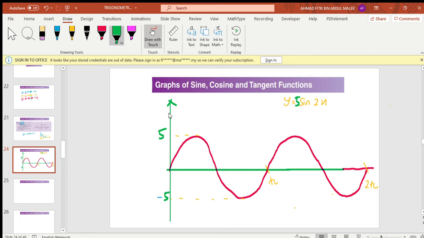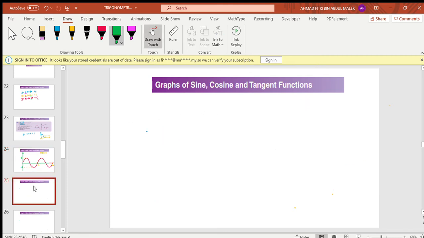Teacher, if I want to draw y equals 3 sine 3x plus 2.